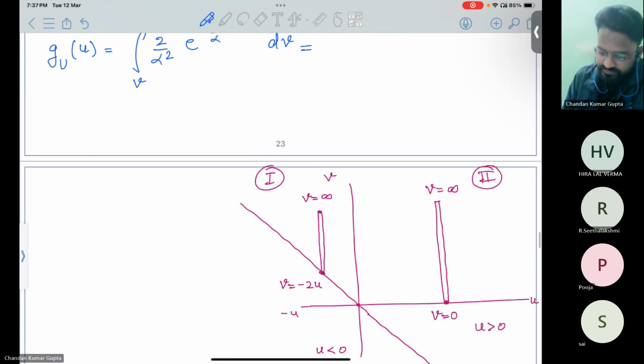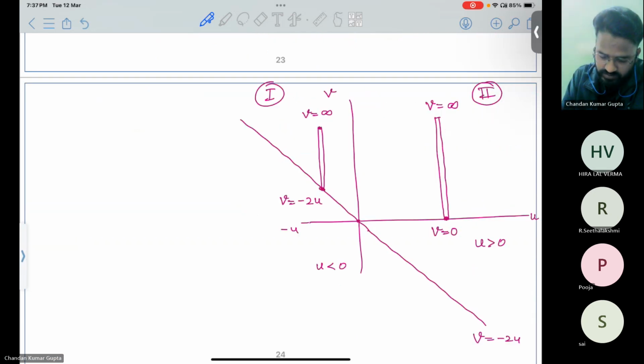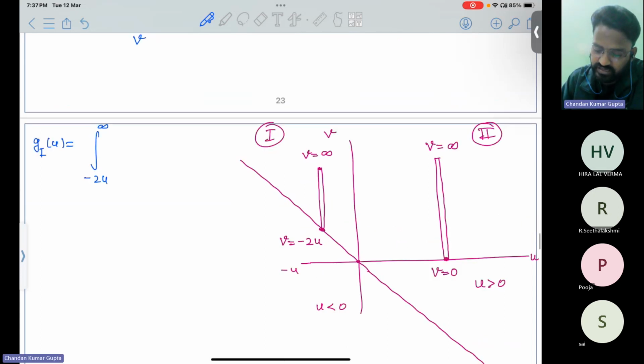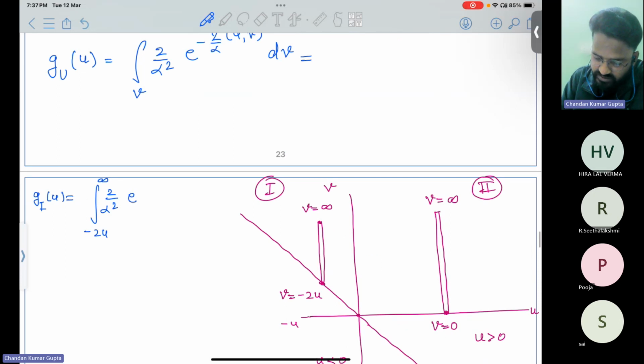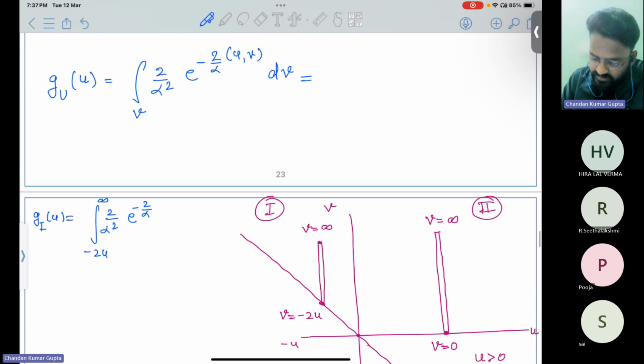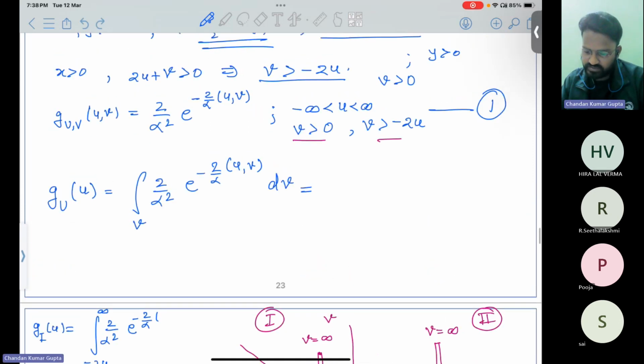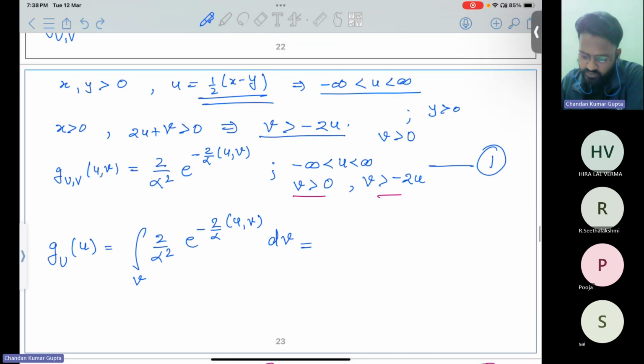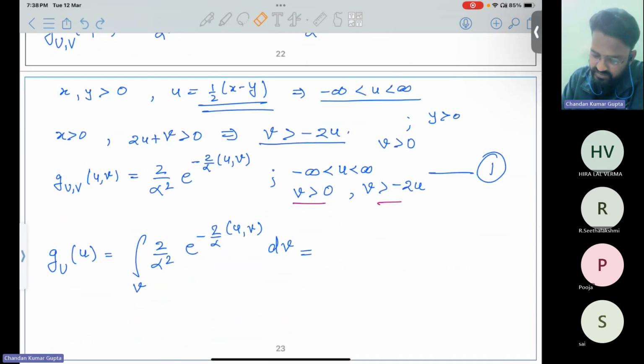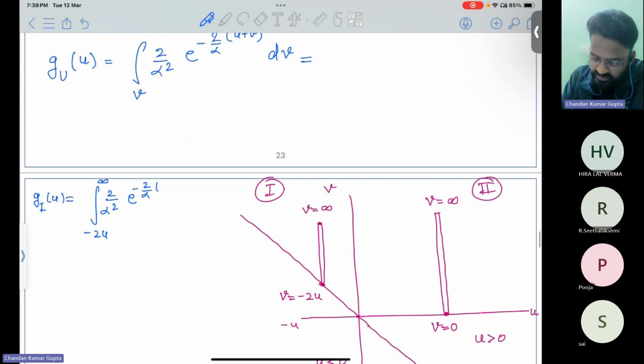For the first region, the range of v is minus 2u to infinity, and the PDF is 2 upon alpha square e to the power minus 2 upon alpha (u plus v) dv.